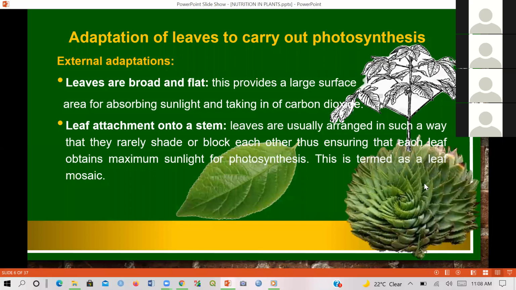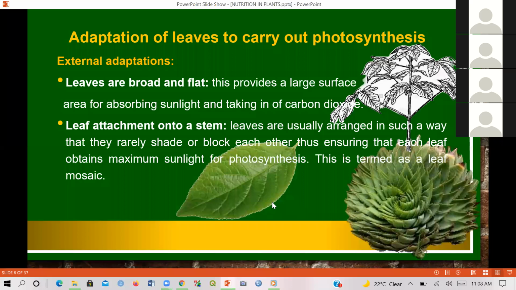That's why this plant is trying to arrange its leaves in this mosaic pattern, to ensure that each leaf has access to light, that no leaf is shading the other. So this is what they mean by leaf attachment onto a stem.